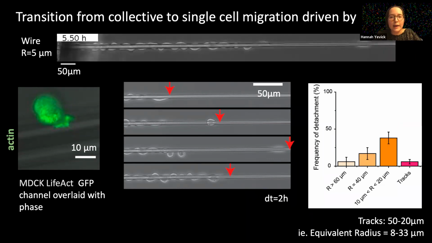And so this is surprising because the cell type that I'm using, MDCK cells, which are an epithelial cell type, are known to be highly adhesive with each other. And so you would expect them to always move together in a collective fashion.